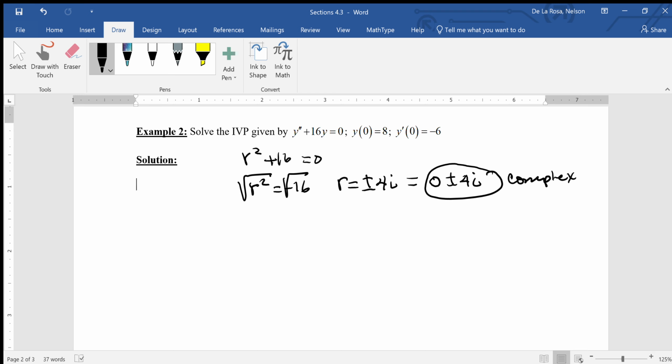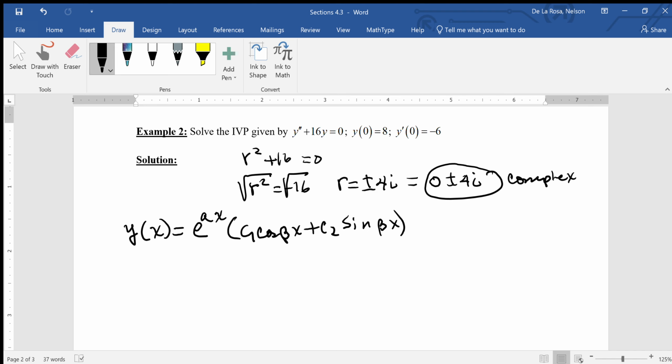So remember, when the solution is complex, the solution of the differential equation is going to have this form: y of x equals e to the alpha x, c1 cosine of beta x plus c2 sine of beta x.